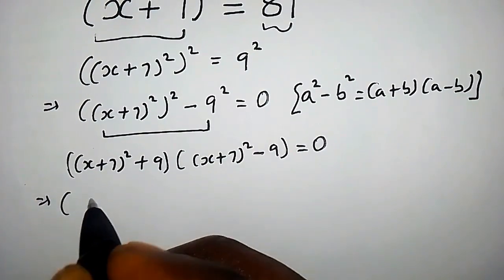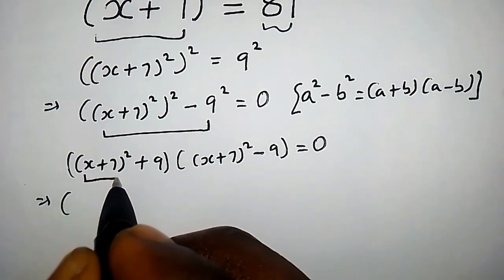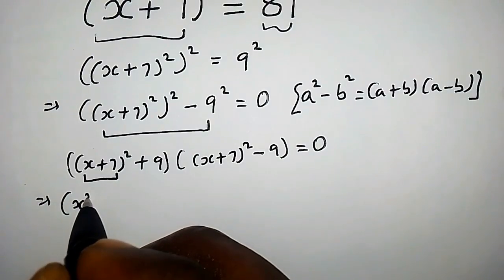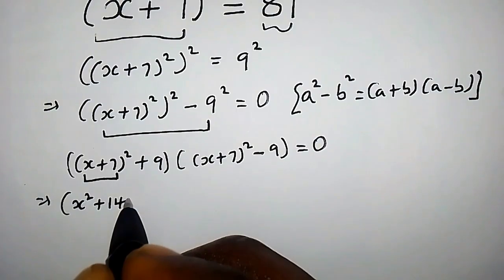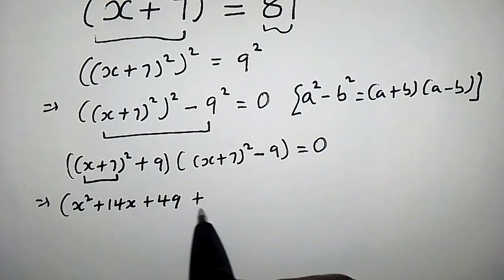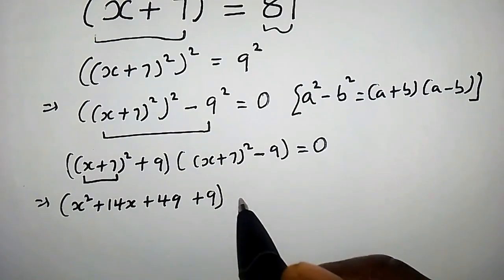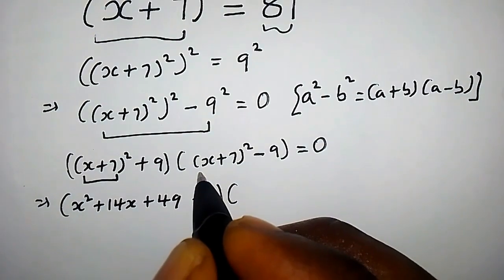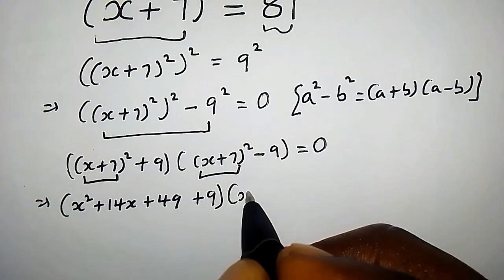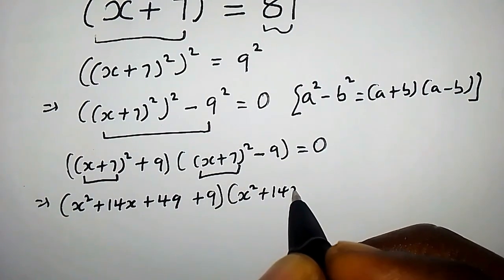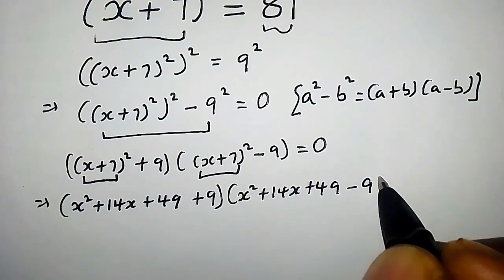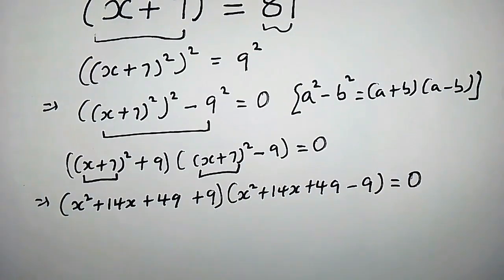If you expand (x + 7)² very well, you're going to have x² + 14x + 49 + 9, and expanding the other also, we have the same thing, x² + 14x + 49 - 9, everything equal to 0.